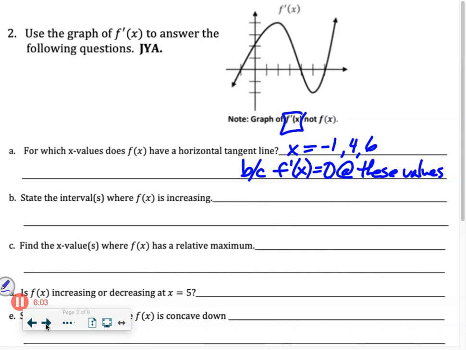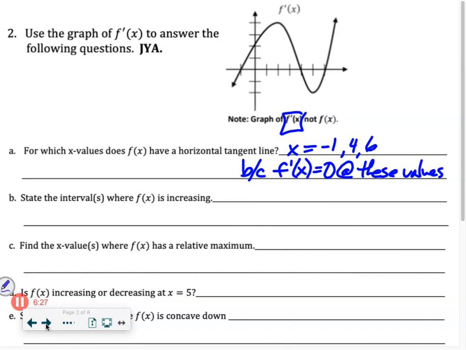All right, we want to know where f is increasing. Think because statement. F is increasing on some interval because f prime is greater than 0. We're looking for where f prime is greater than 0. F prime greater than 0 means f prime is positive. It means where is f prime above the x-axis, right?